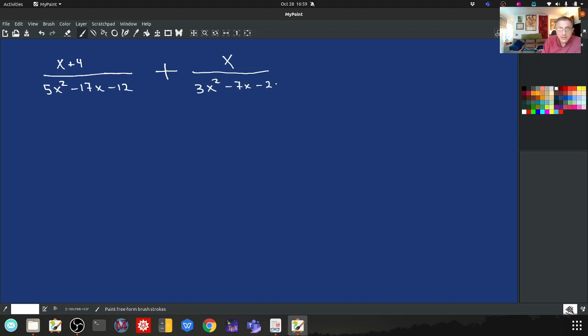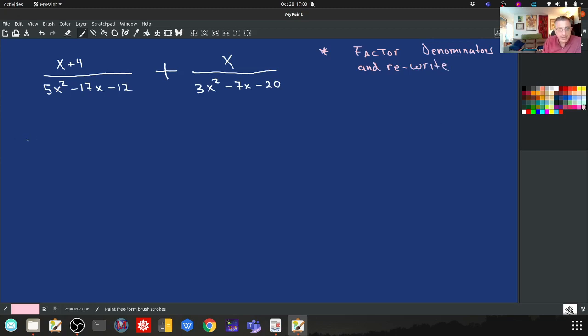Now again, the good thing about this part is I literally tell you what to do. I break it down in parts for you. So the first thing I tell you to do is going to be to factor, guess what? The denominators. And rewrite. When I say rewrite, it means rewrite with the denominators factored.